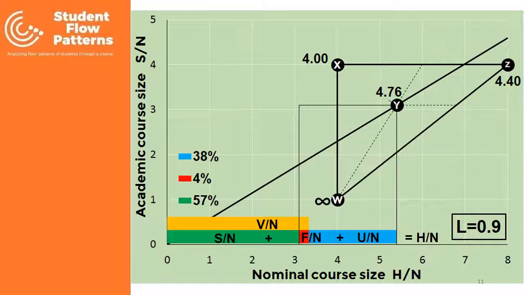This includes detail about the failed module credits, which is also connected to the pass rate of students. For the first time, we can now observe patterns of cost per student intake or cost per graduate for various positions of Y. For example, the cost per graduate at position Y is 4.76.